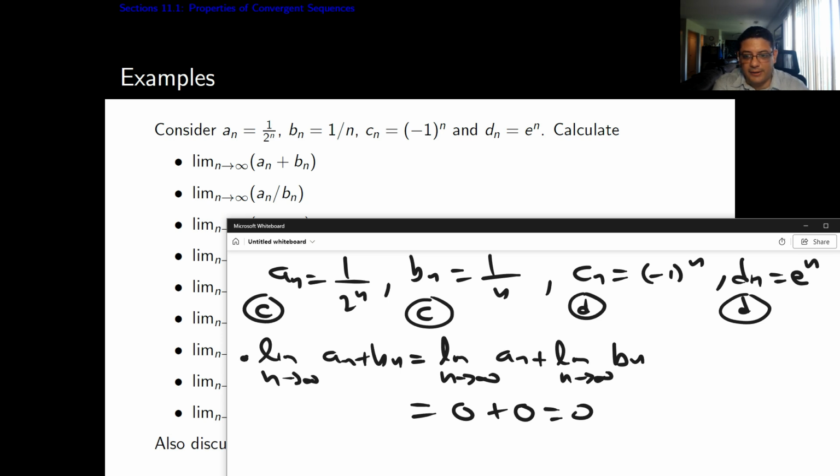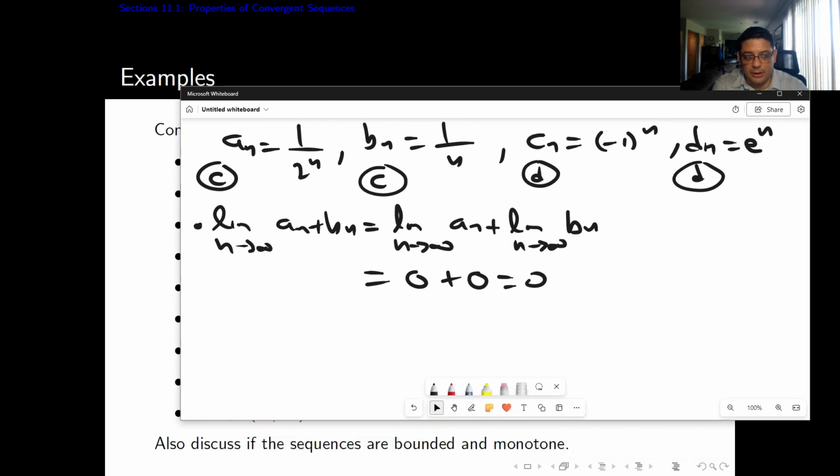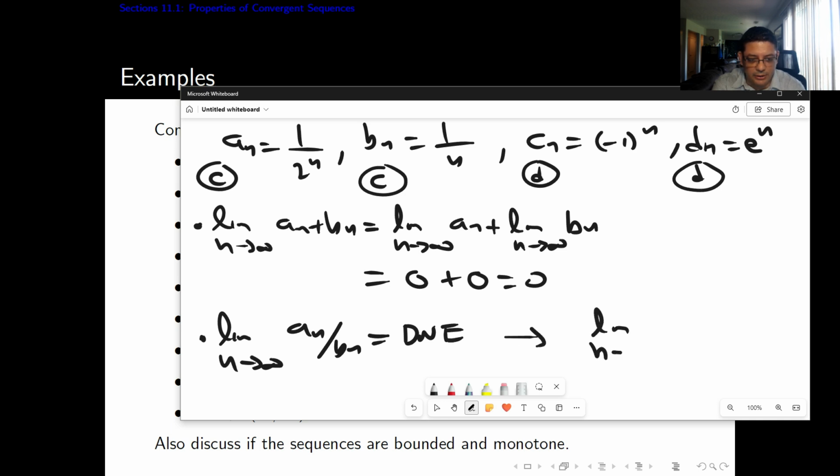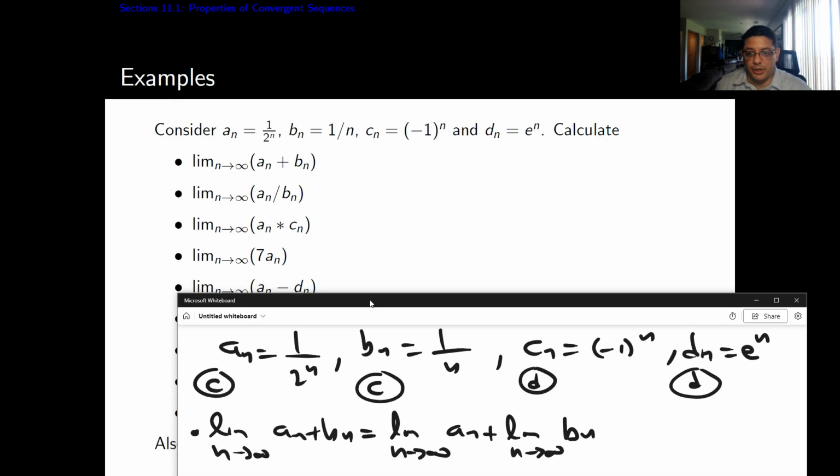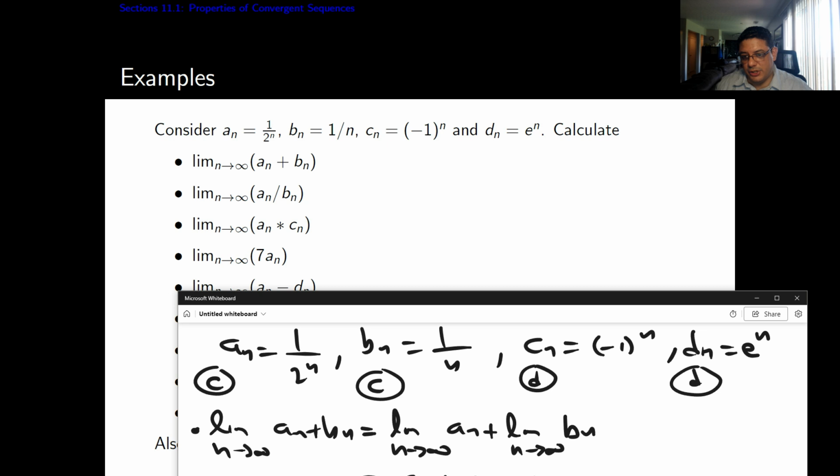For the second one, we have a ratio, but there's an issue here. The limit of a_n over b_n does not exist. Why? Because the limit when n goes to infinity of b_n is 0, so I cannot make this ratio.